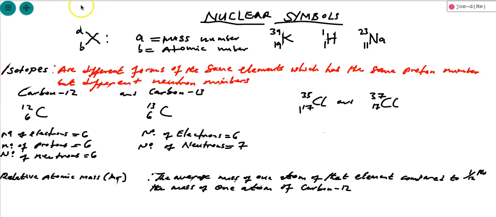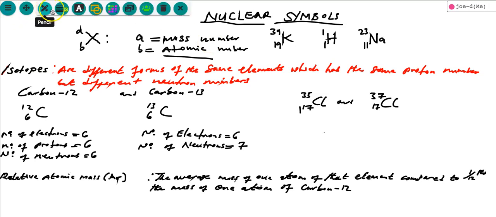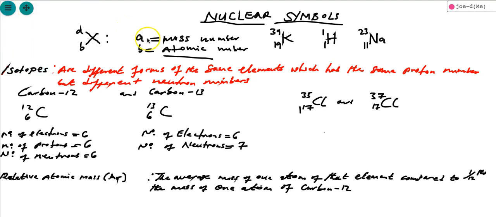So here our generic atom is normally represented by this nuclear symbol, and you will see two numbers here. The bottom number is the atomic number and the top is the mass number. So when we write the nuclear symbol of any atom, the bottom number is the atomic number and the top is the mass number.